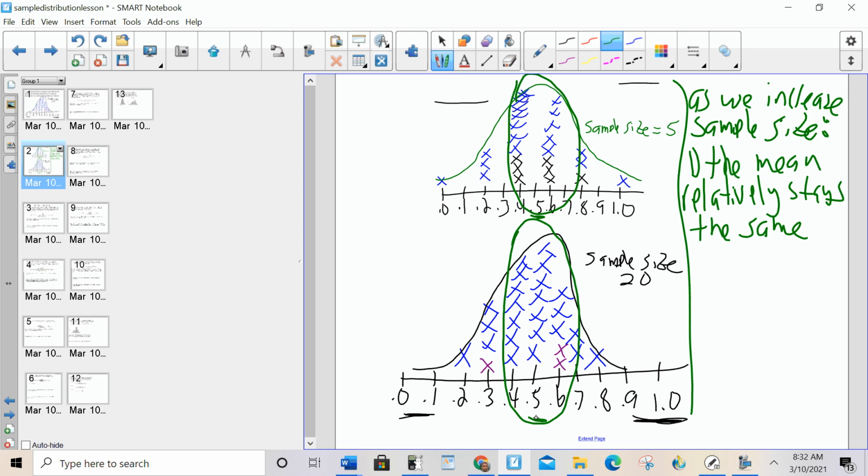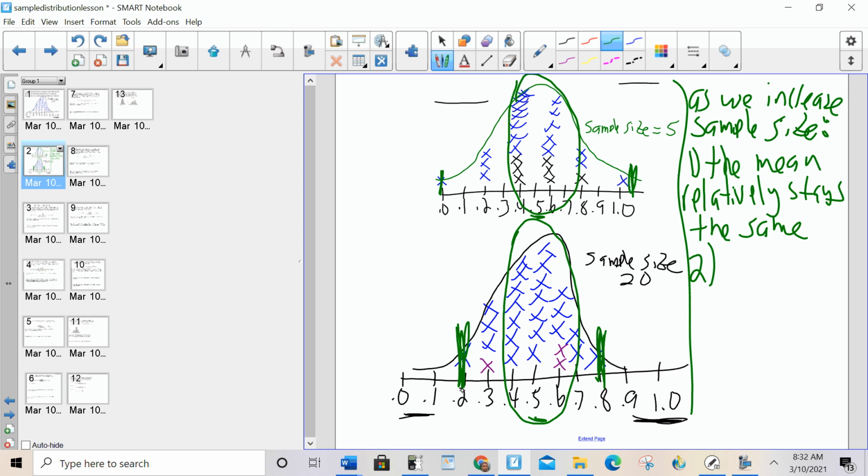Now, the standard deviation or the spread. You see how the top one spreads out to 0 and to 1.0, but this one spreads to 0.2 and to 0.8. The spread or variability decreases. Everything gets tighter to the mean.